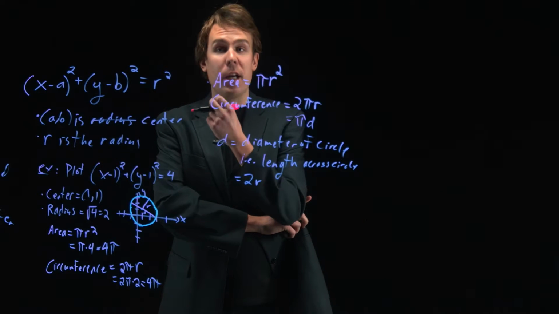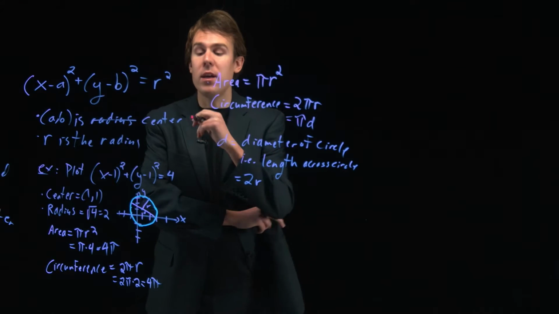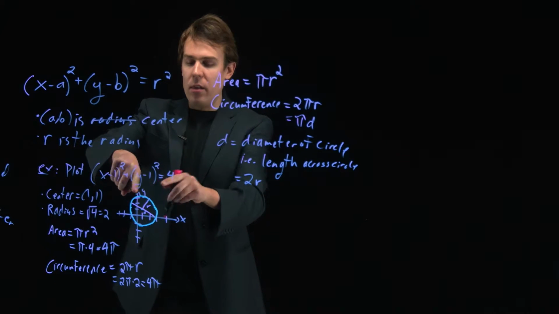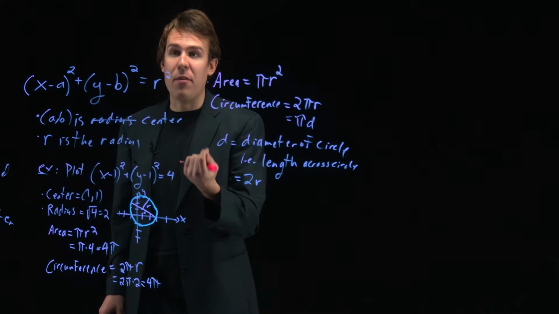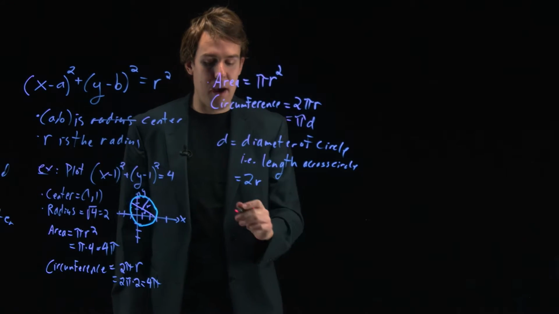One concept that's particularly nice with circles is computing a piece of the arc, a length along the edge of the circle, based on the angle that cuts out that arc. So the picture you want to have in mind is the following.